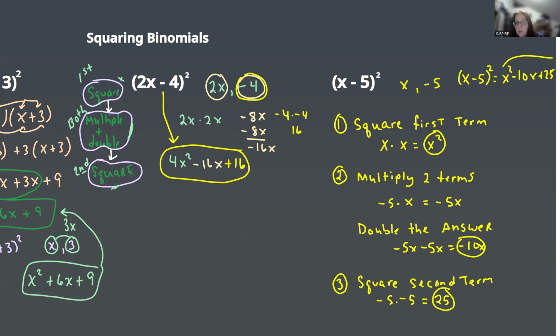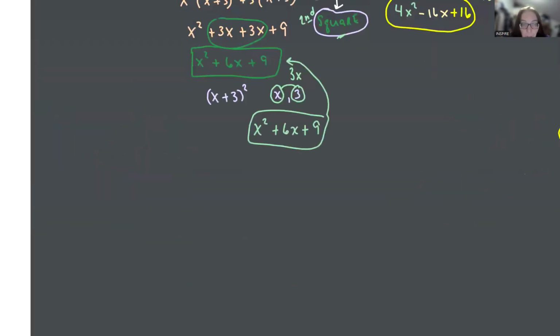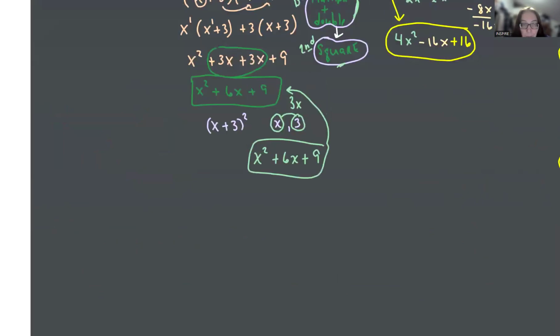Okay? Why don't we try another one anyways? Let's just do one more. I'll just write it down here. So how about this? How about 3x minus 2 squared?